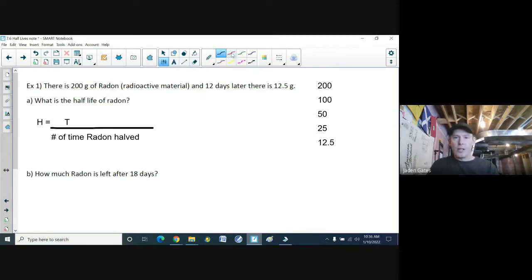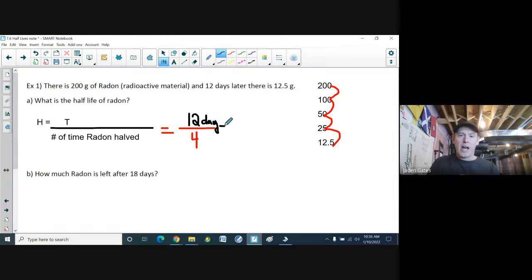All right, so now I look, and it cut in half once, twice, 3 times, 4 times that happened. So it cut in half 4 times. That took 12 days for that to happen. So that is my time that's gone by.